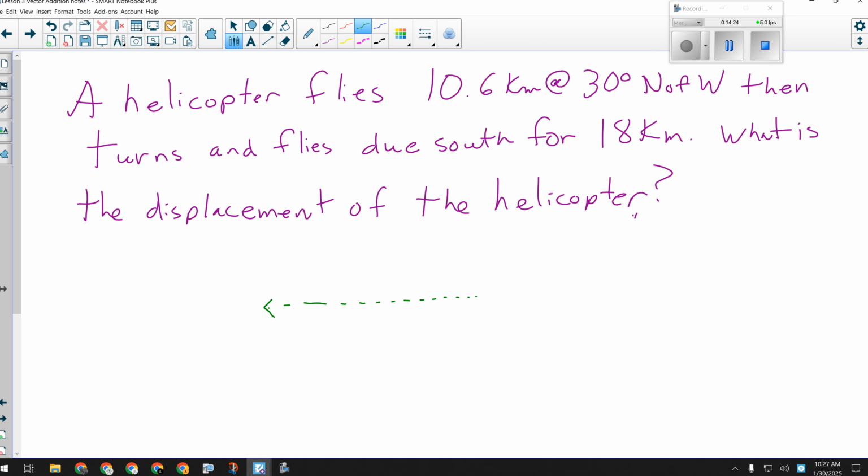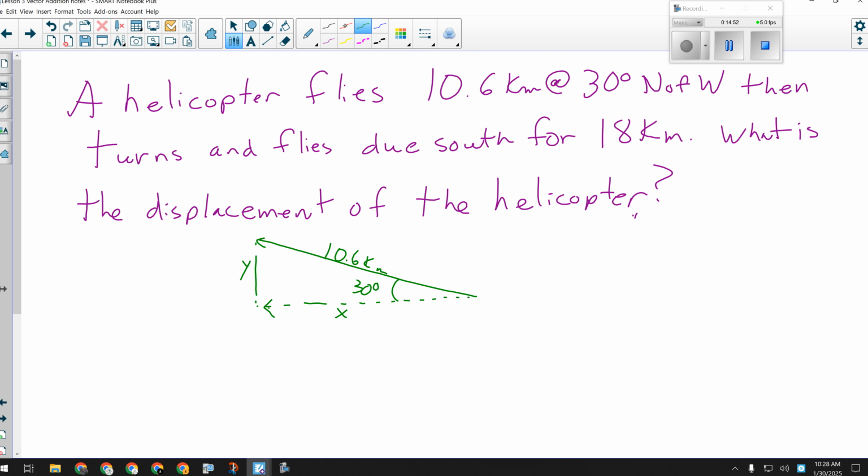Then I just draw a line that is 30 degrees, that might not quite be 30, but it'll do. This is going to be 10.6 kilometers. This will be y, and this will be x for my green triangle. How far north and how far west that helicopter flies during that part of the trip.